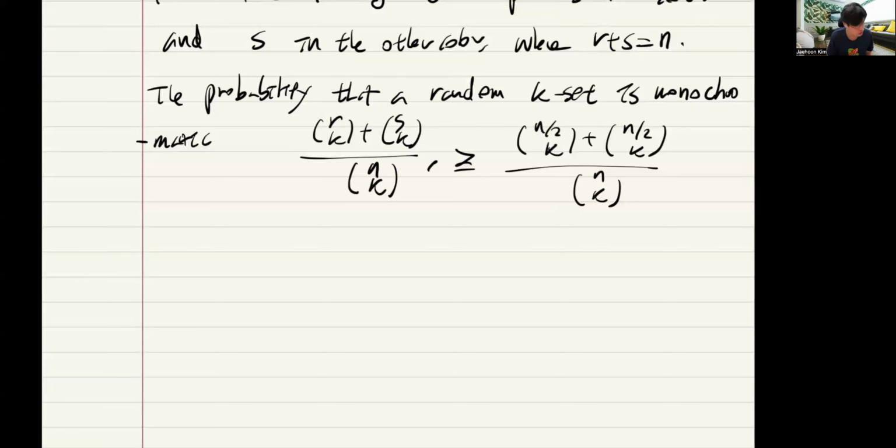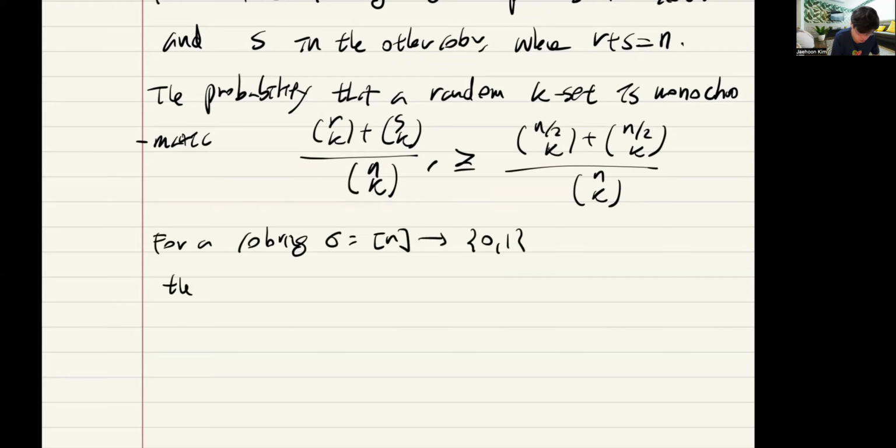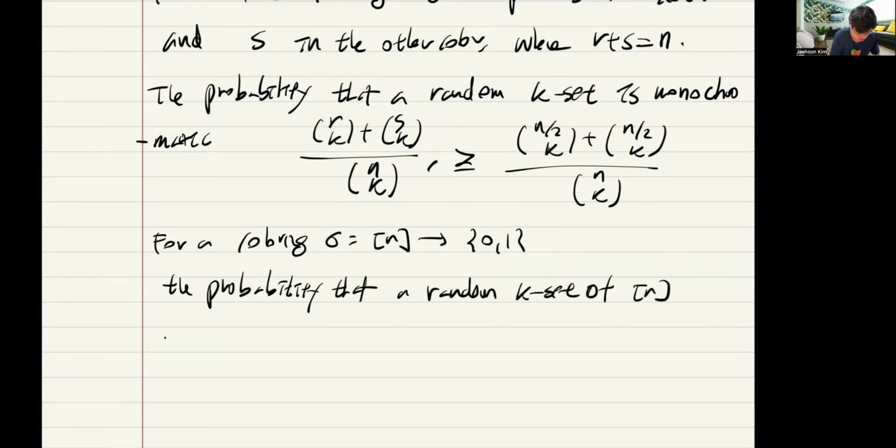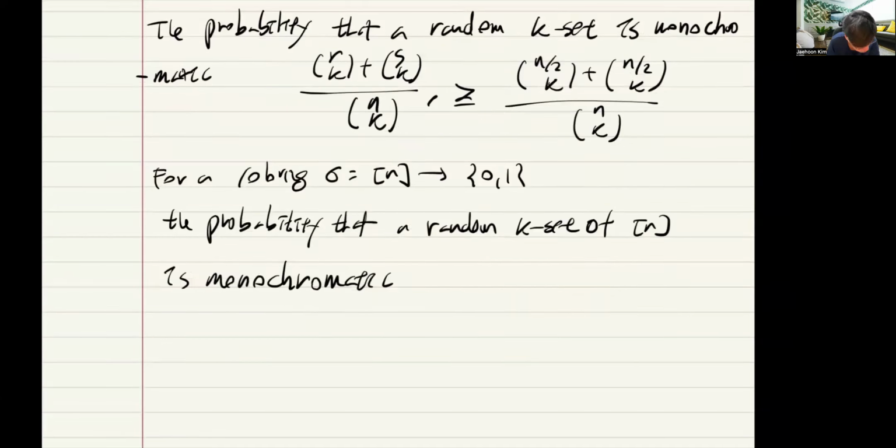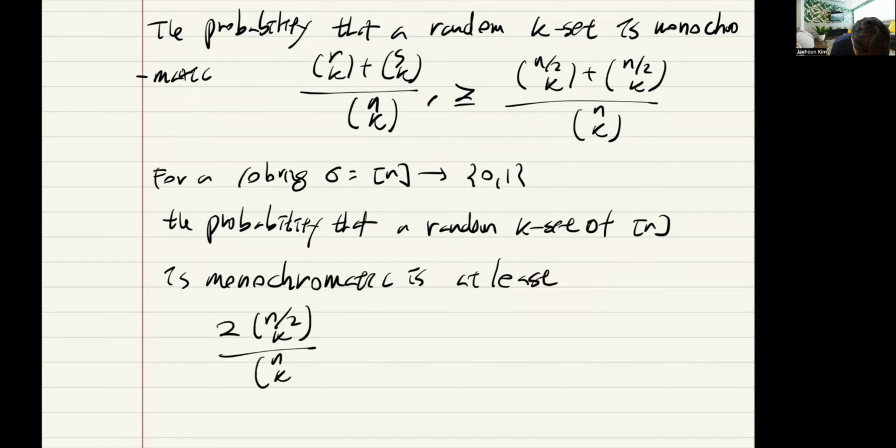So this shows that for any coloring sigma, which colors the vertices with two colors, the probability that a random k-set of this [n] is monochromatic is at least 2 times (n over 2) to the k divided by n to the k.